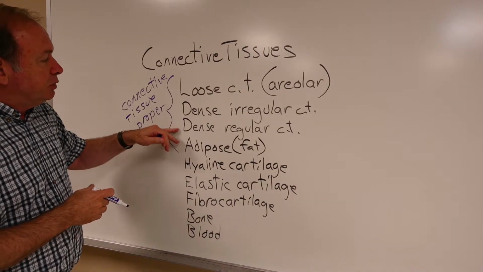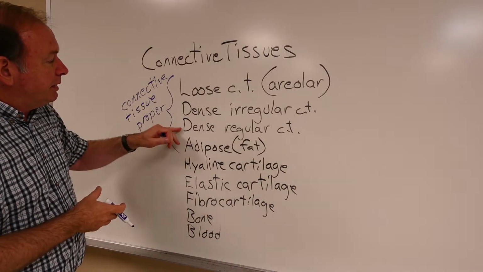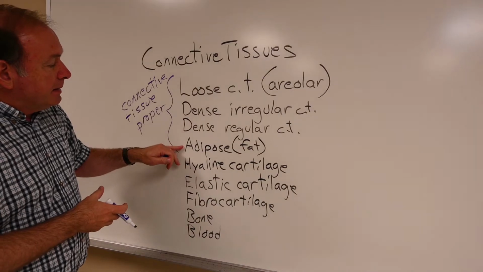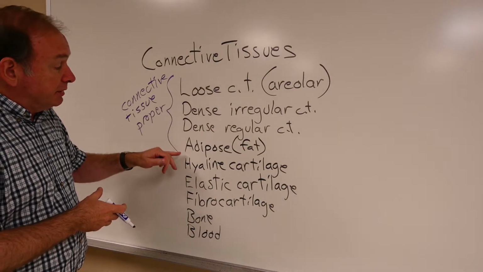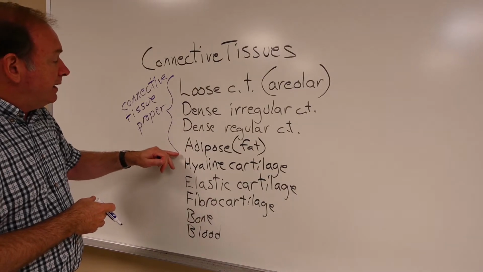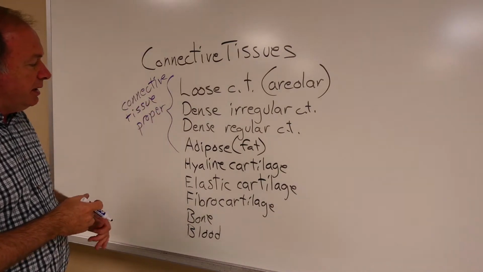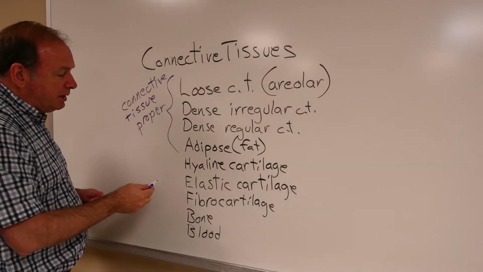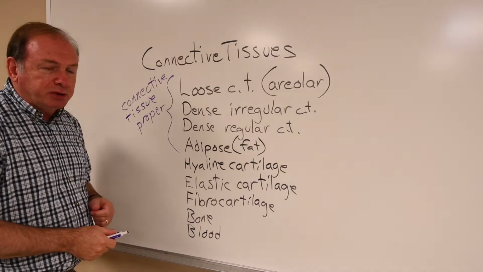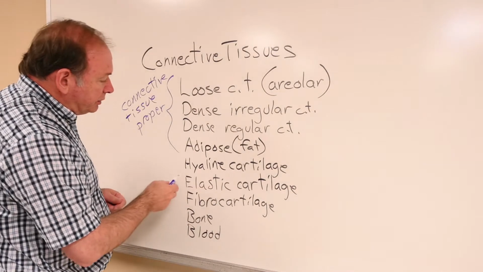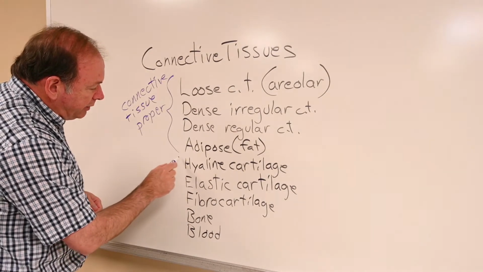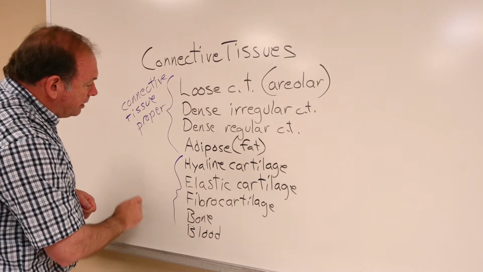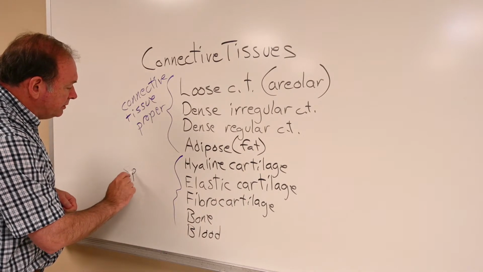They're not structural in themselves. They just kind of hold stuff together. Adipose is a unique and completely different kind of thing, but it's kind of grouped in here because it's not the kind of special connective tissues we associate with structures or the blood. So the rest of these are considered special connective tissues.